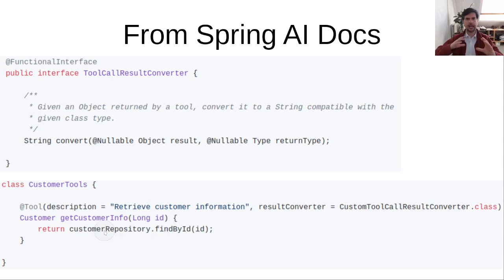Maybe we want to hide some fields or do any other kind of data manipulation on that customer data before it goes to the AI. It's good for you to know that you can have that control on modifying the data that comes out of the tool before it goes into the AI.